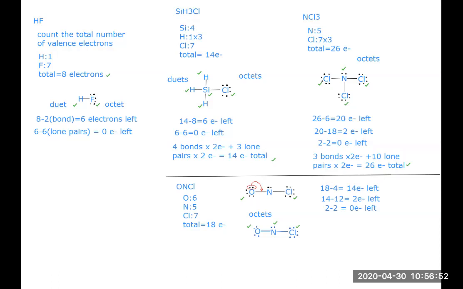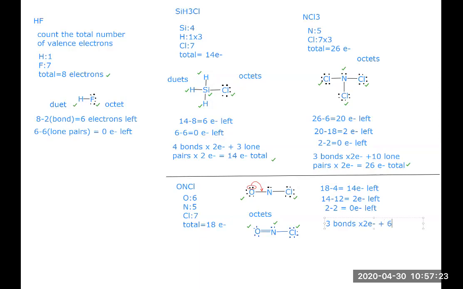And now we need to count the number of total valence electrons and make sure we have 18. So let's count that by counting the number of bonds. So we have 1 double bond and a single bond. So let's say 3 bonds times 2 electrons, plus, let's count the lone pairs. 1, 2, 3, 4, 5, 6.